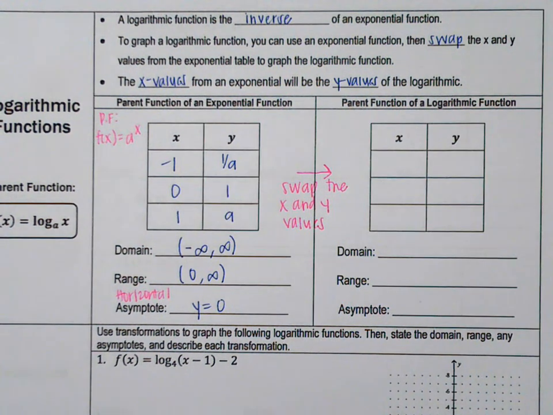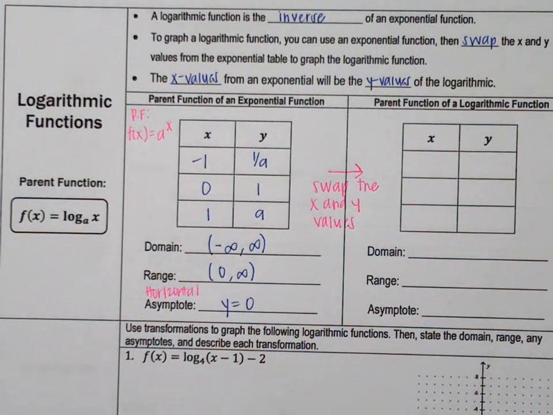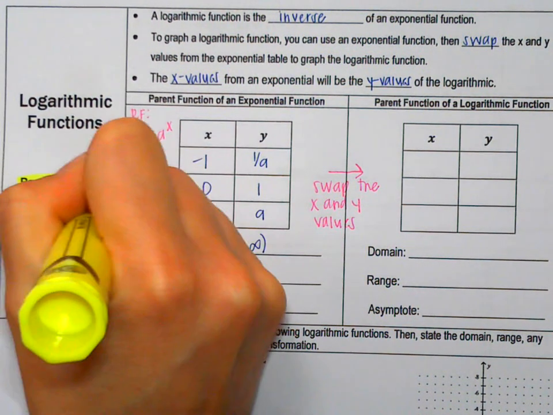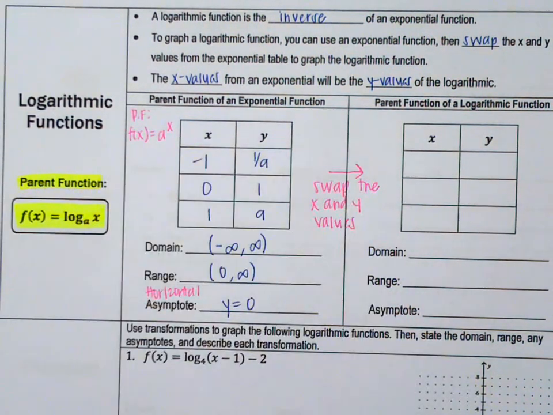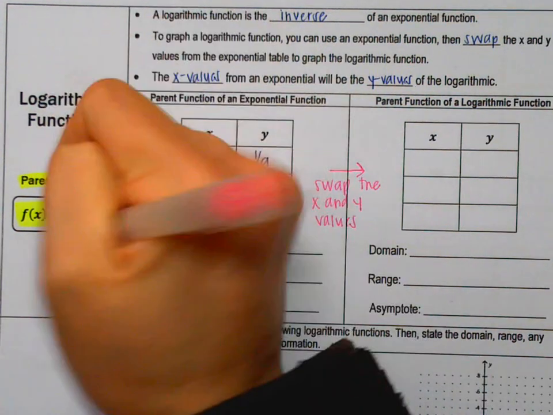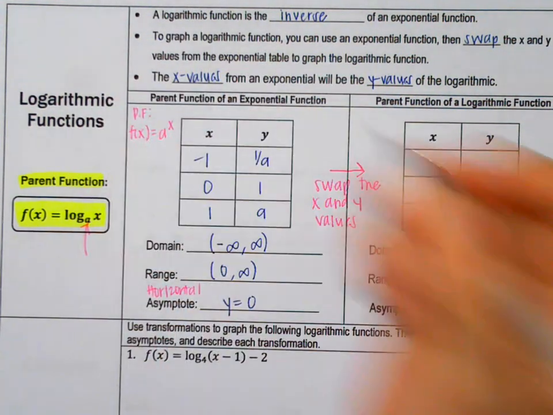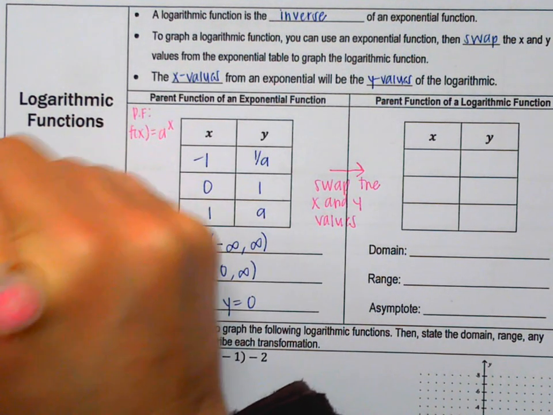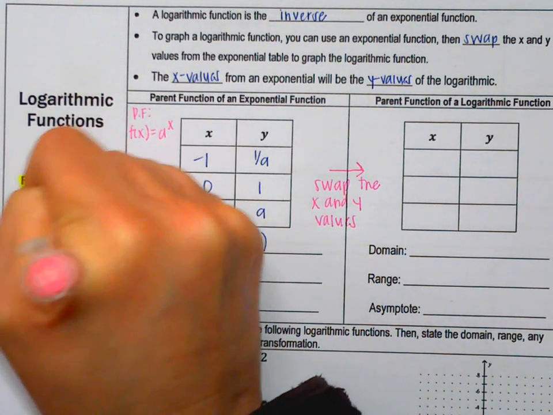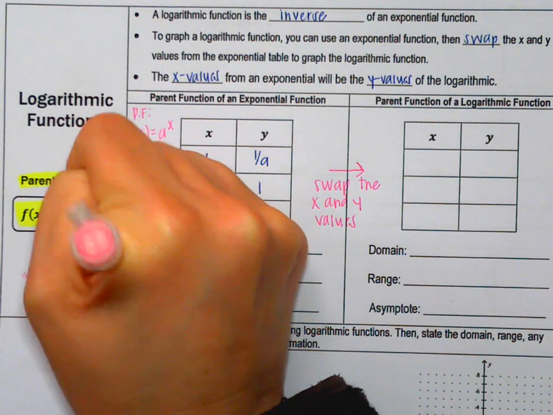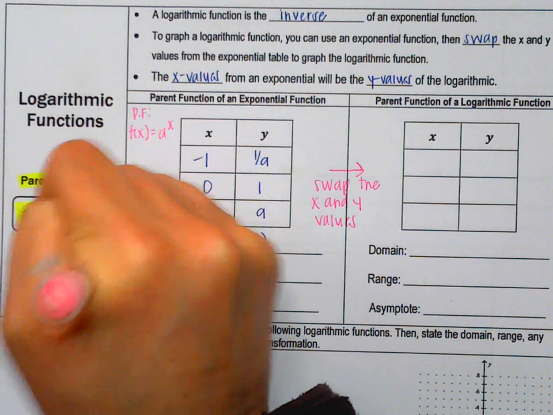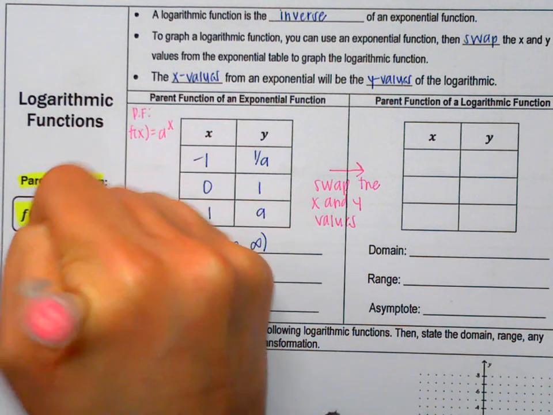The parent function of a logarithm is log base a of x, where the base is a. And just like with an exponential, a represents any positive value.